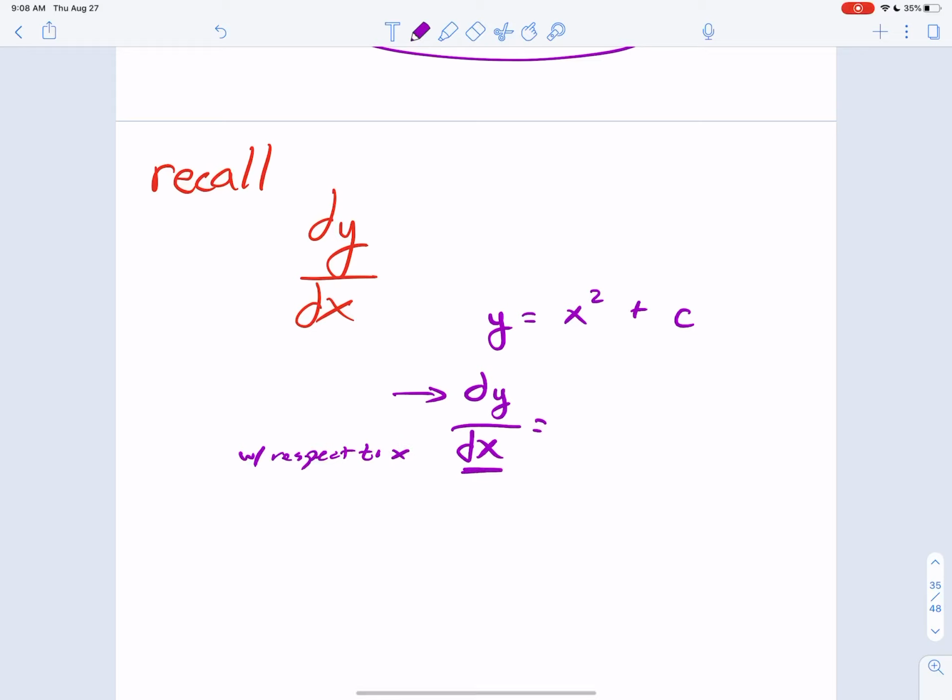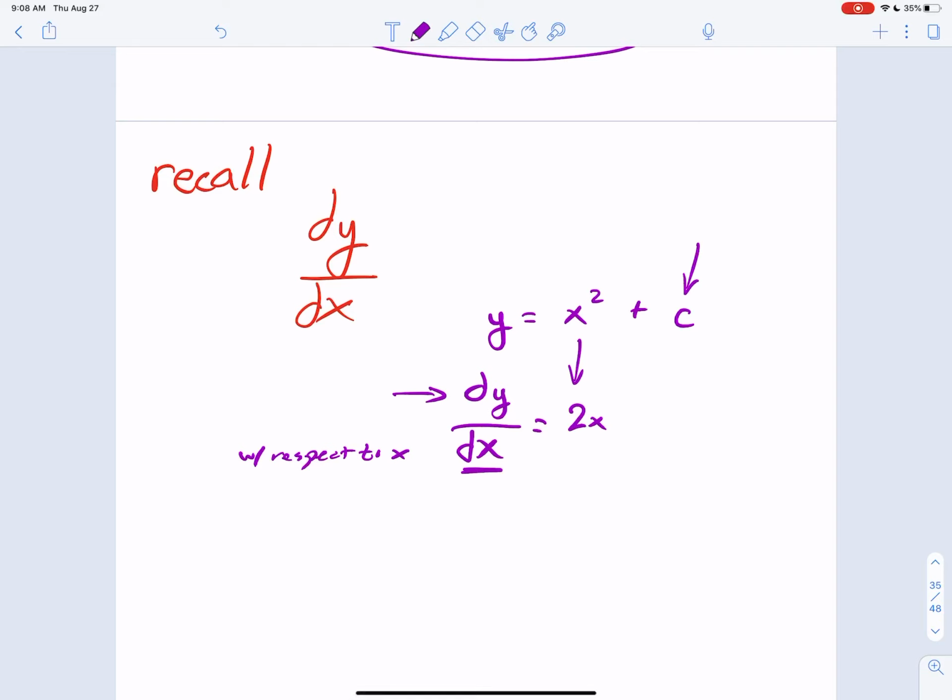That's what the dx means, okay? With respect to x. So what that tells you is that x is the variable here and the only variable. So everything else that looks like a letter, you have to treat it like it's a value, okay? So in this case, the derivative of x squared is going to be 2x.